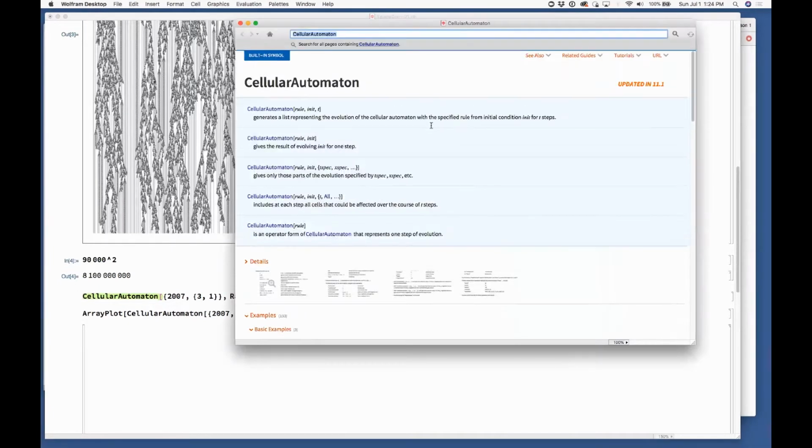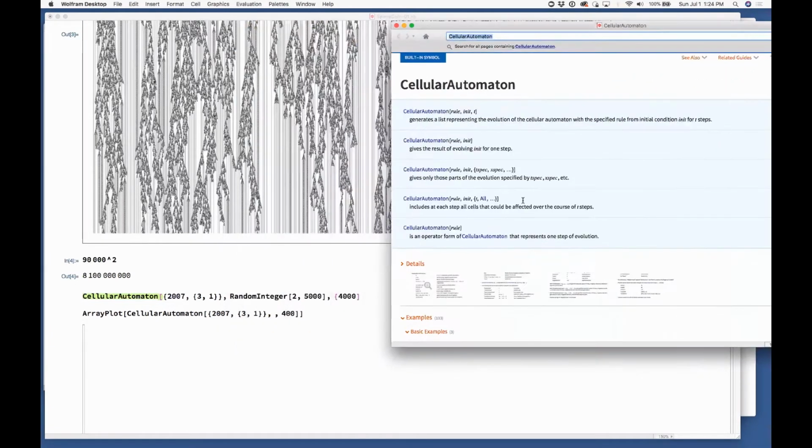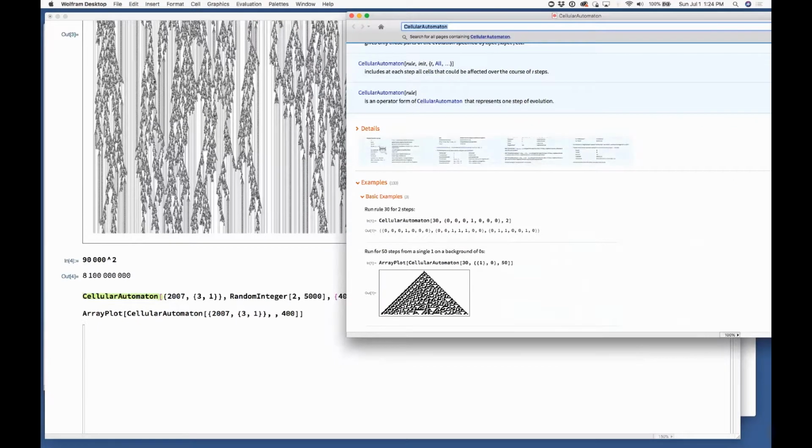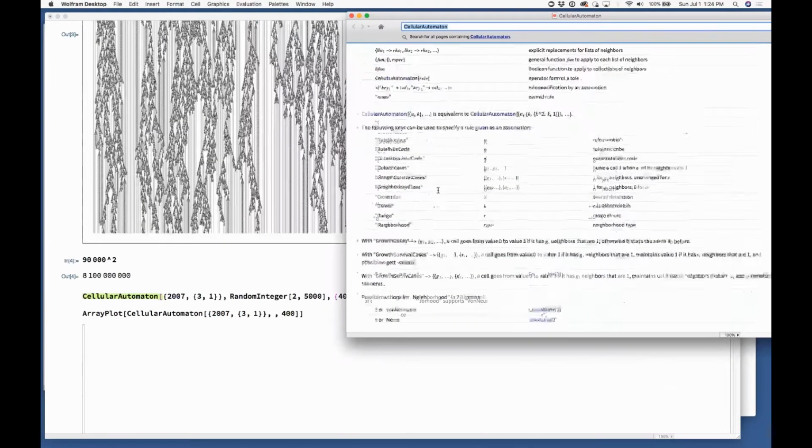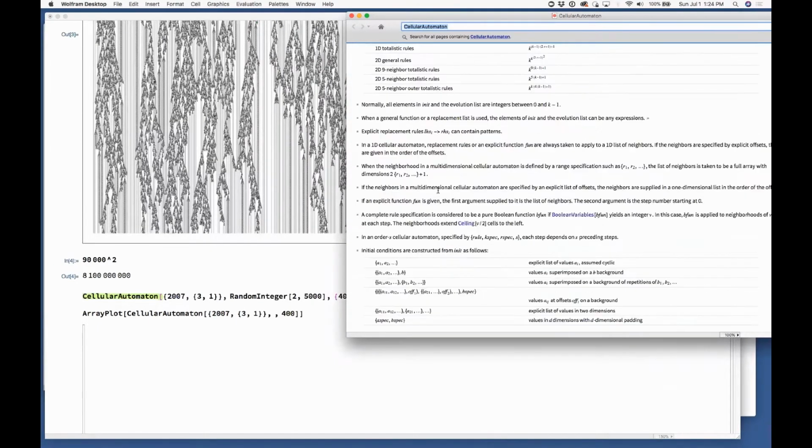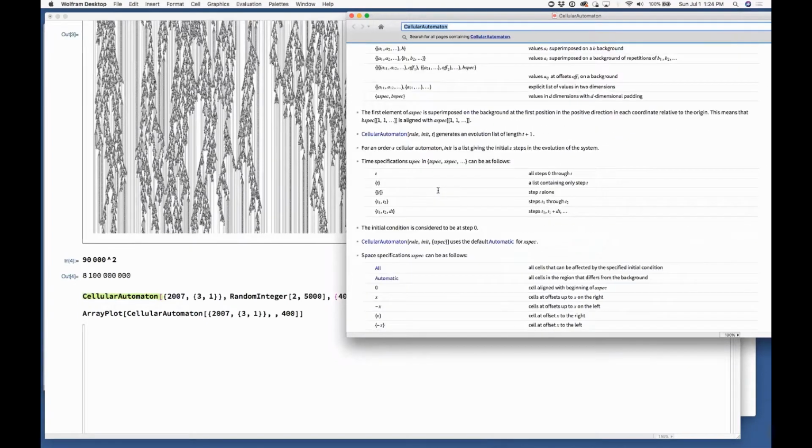Now, I think CellularAutomaton has an option for sampling only every other cell. So let's take a look at how that works. Maybe we look at the documentation to know what we're talking about. Let us see here. This should give us the way to specify initial conditions.